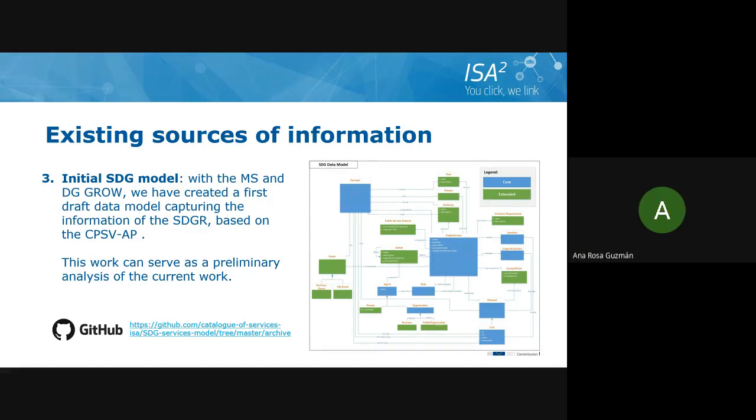Yes, my question is, you are modeling information. You said about articles 9, 10, and 11. Of course, the 3 articles are regarding different concepts. So you're saying that the Catalogue of Services is considering the 3 of them.